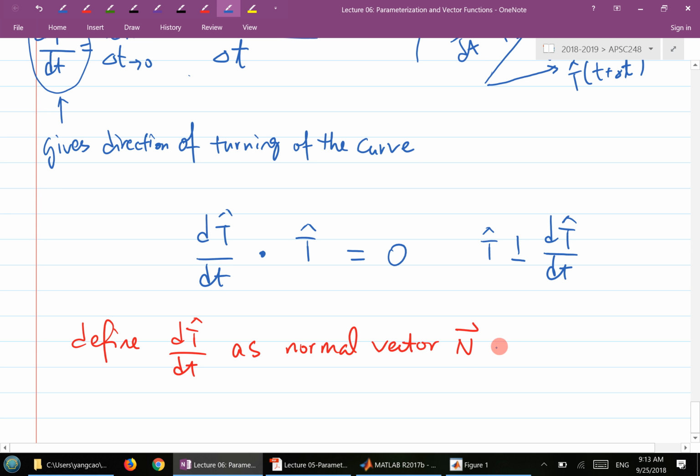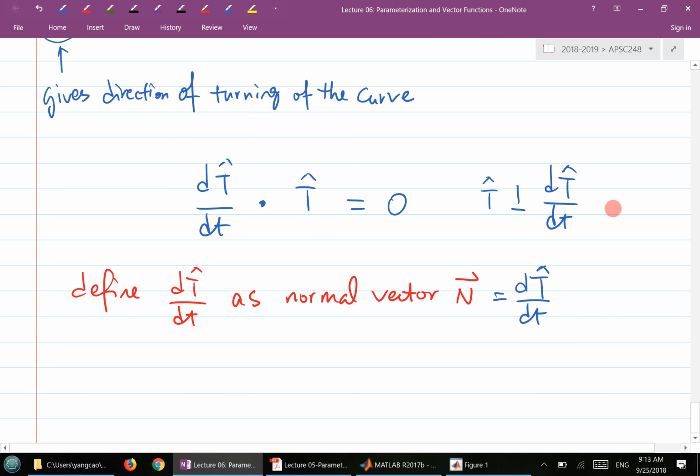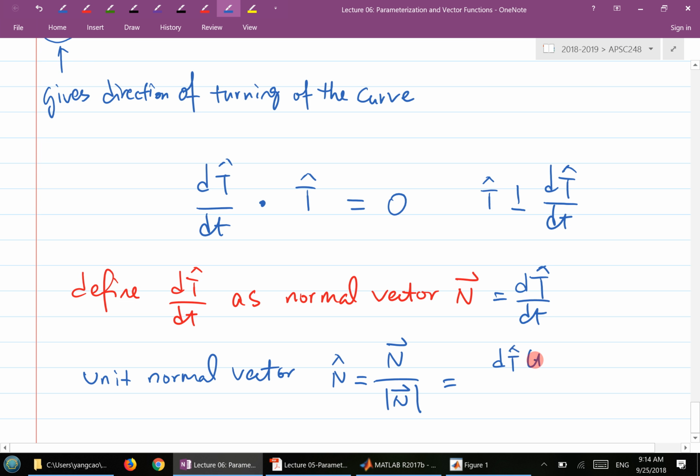So if I want to obtain the unit normal vector, we just normalize again this normal vector. It basically means you're normalizing dT hat over dt and dividing by its length.